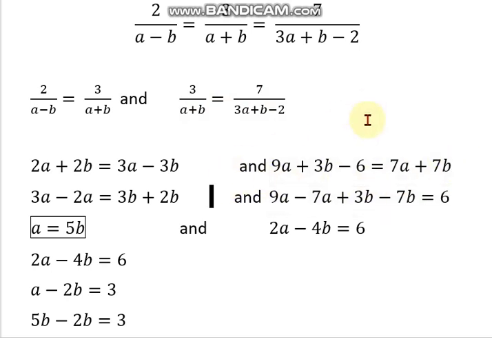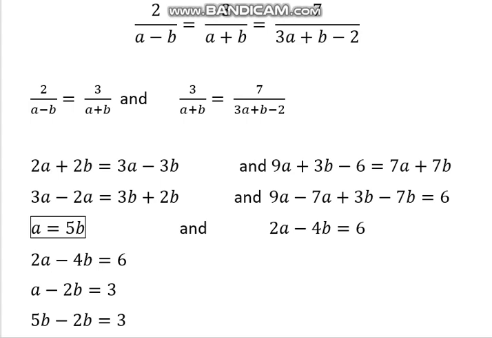Now 9a minus 7a, this 7a will come to this side, so we will have 2a. Now 3b minus 7b will give you minus 4b equals 6. Now we can take 2 common from 2a minus 4b equals 6. So we will have a minus 2b equals 3.